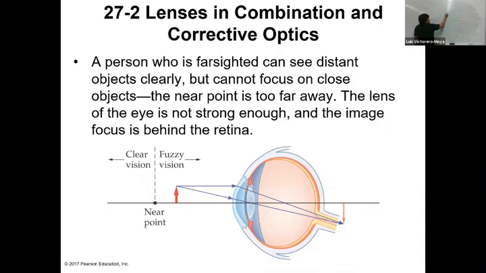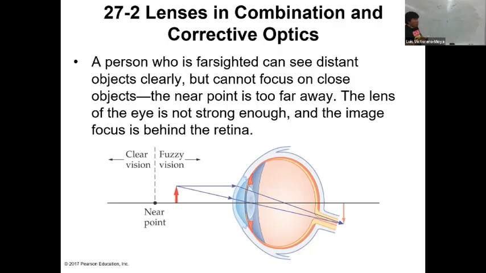I don't remember the technical name, but the main idea is that now you have a near point. I can just put an N there. The vision becomes clear when it's farther from the near point, and it becomes fuzzy when it's closer, within the near point.